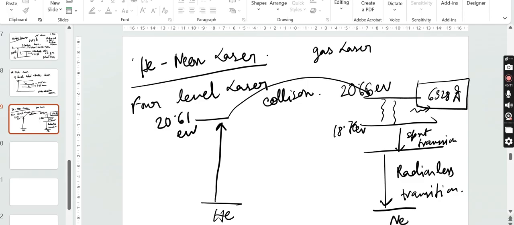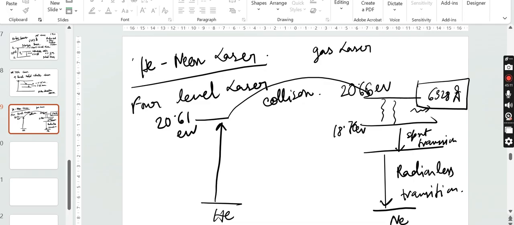These accelerated electrons pump the helium atoms and also the neon atoms to metastable state, 20.61 electron volt and 20.66 electron volt respectively above their ground state. And some of these excited helium atoms transfer their energy to ground state neon atoms by collision.